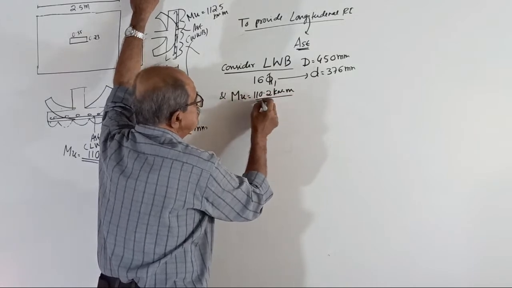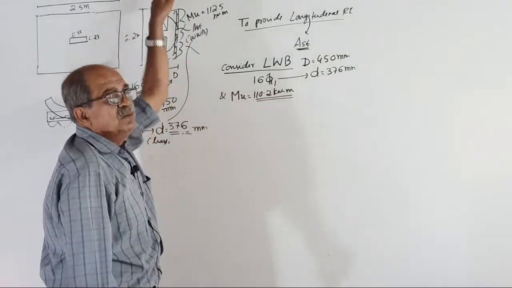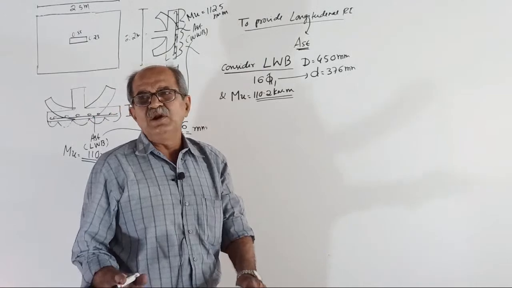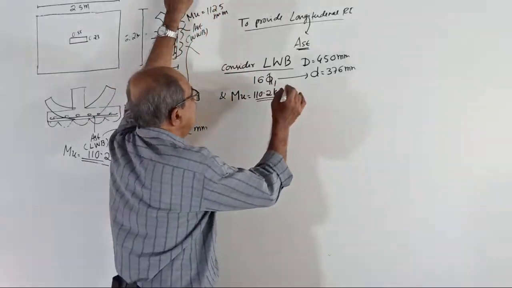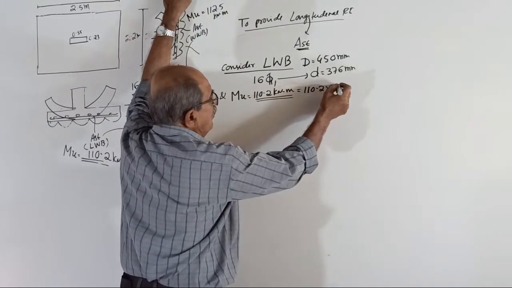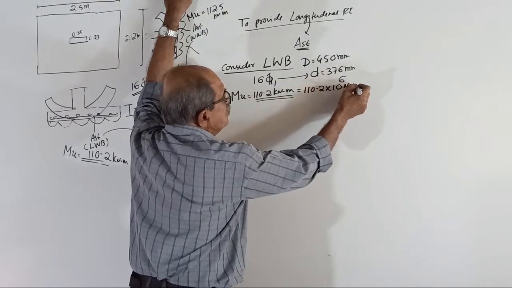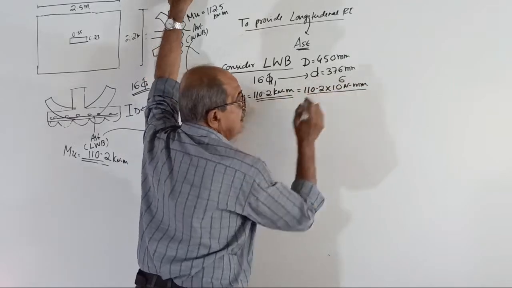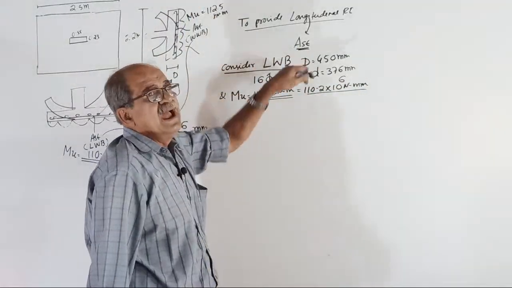Sagging BM, that I already told, bottom steel. Okay, start. Mu equal to 110.2 into 10 to the power 6 Newton millimeter. Now we have to find AST.